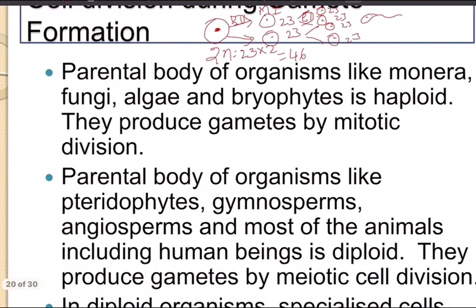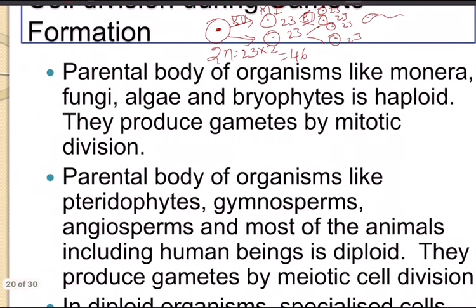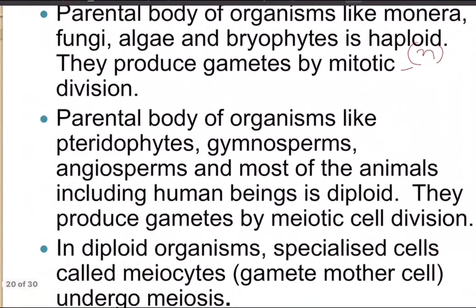The parental body of organisms like Monera, fungi, algae and bryophytes is haploid. Haploid means only one set of chromosomes is present. We denote it with n. They produce gametes by mitotic division, so the n number is maintained.